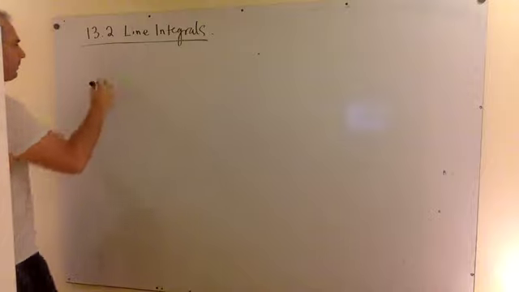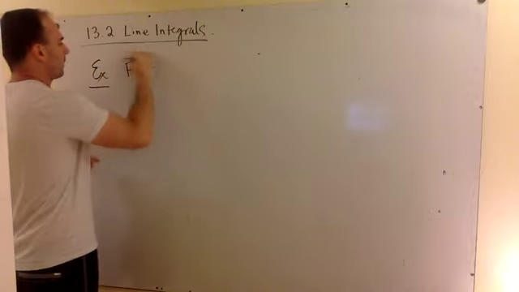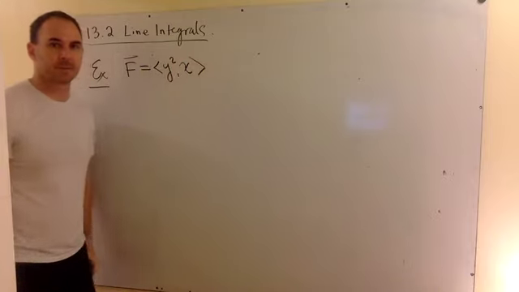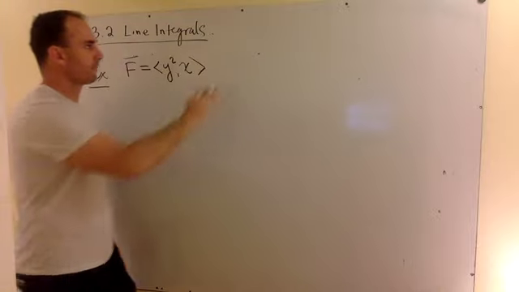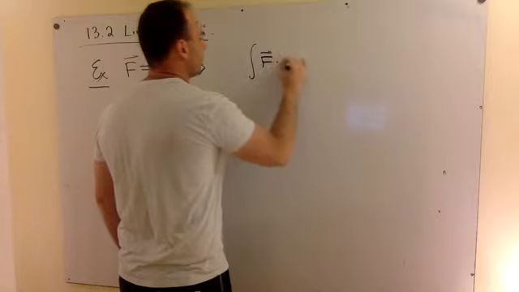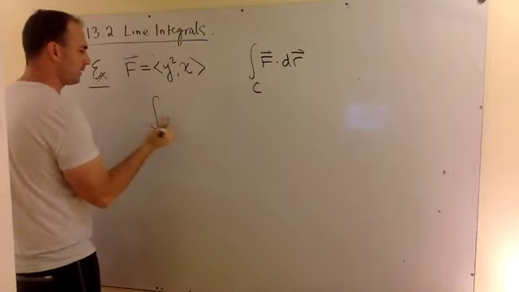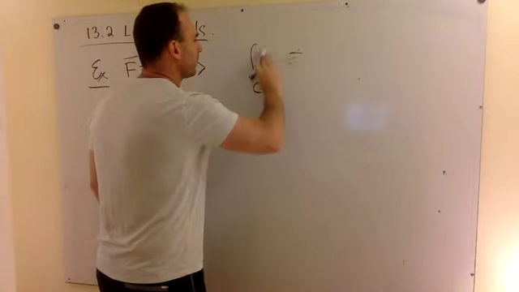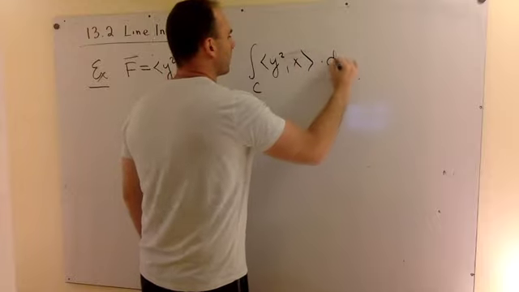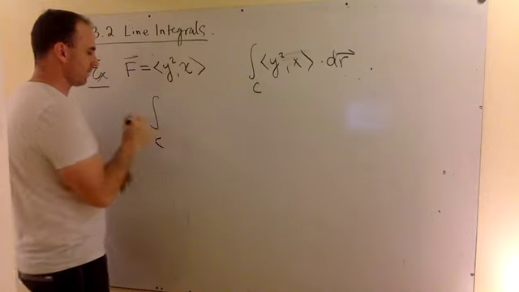So first off, here was our example. Our f was y squared, x. Well, I can write this thing like so, but an alternative way to write it is exactly the same thing.